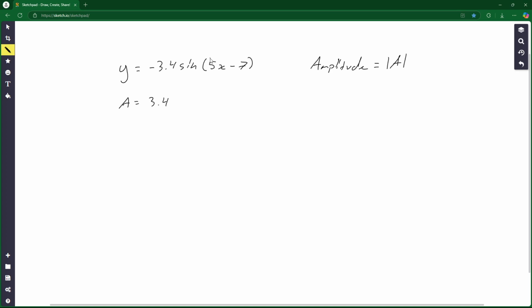Now we want to get b by itself, so we're just going to take 5 out of this, meaning we're going to divide it out, meaning it's going to be 7 over 5. So our period is going to be equal to 2 pi over 5.